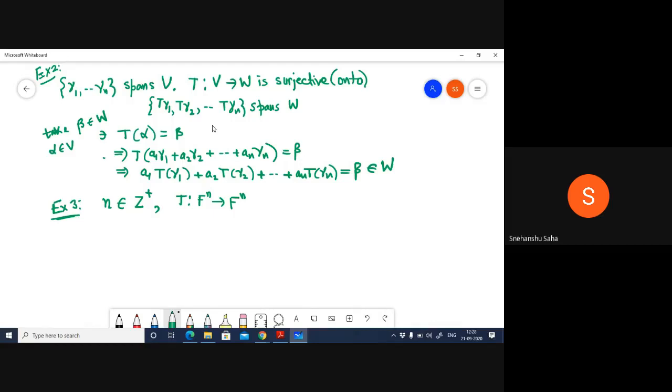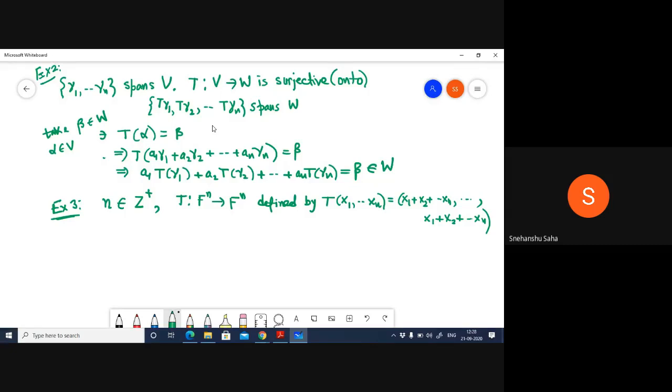We define this linear transformation in the following manner: T of (x1, ..., xn) is nothing but the following.